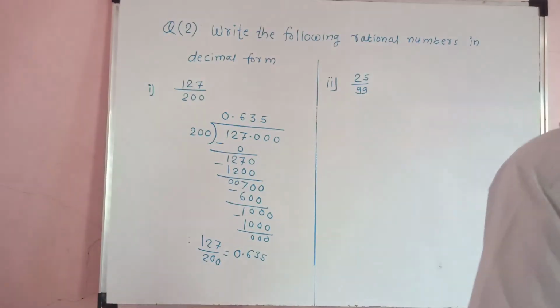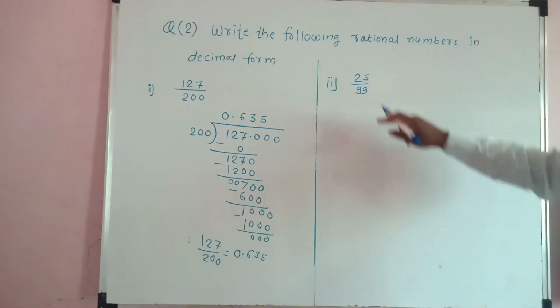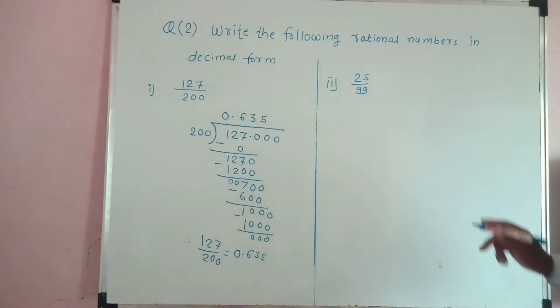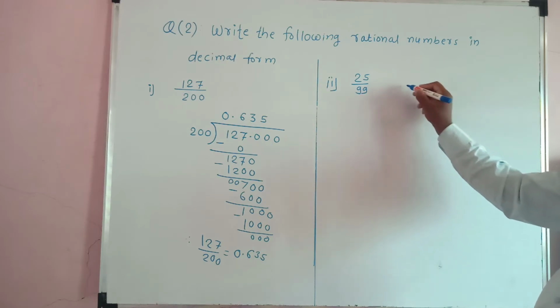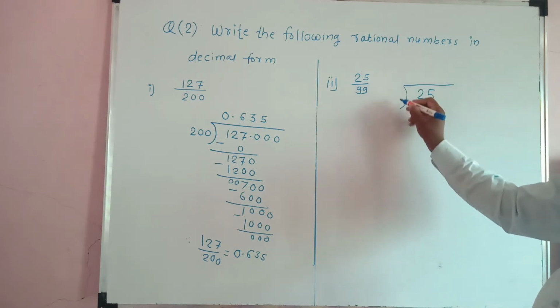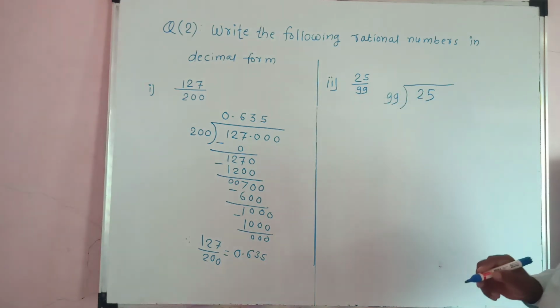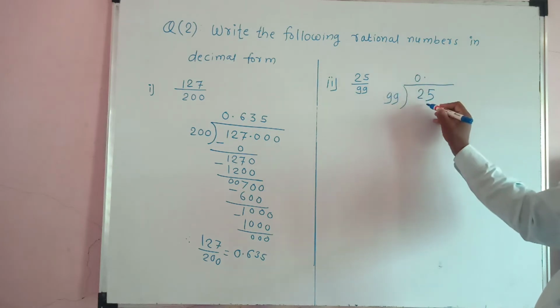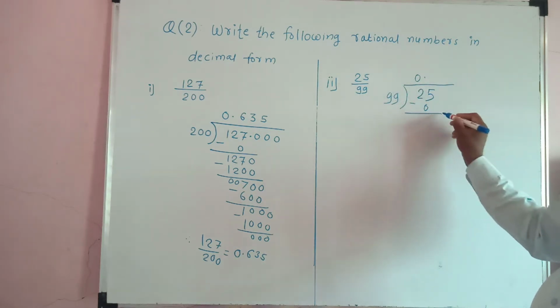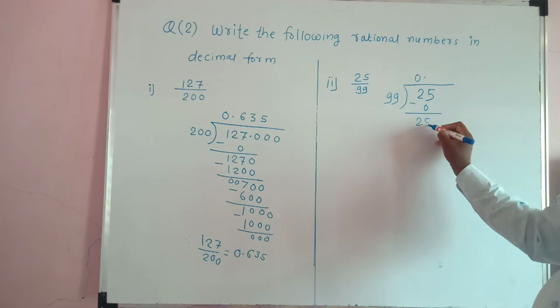Now the next example is 25 upon 99. So divide 25 by 99. 25 is less than 99. Therefore we write 0 point. Here minus 0, that is 25.